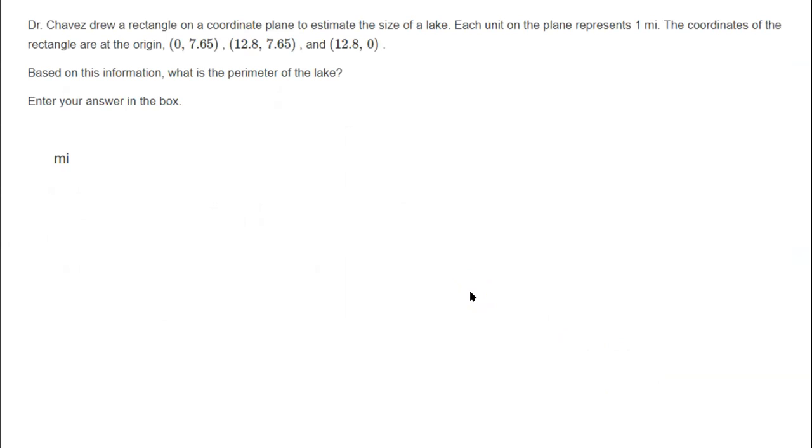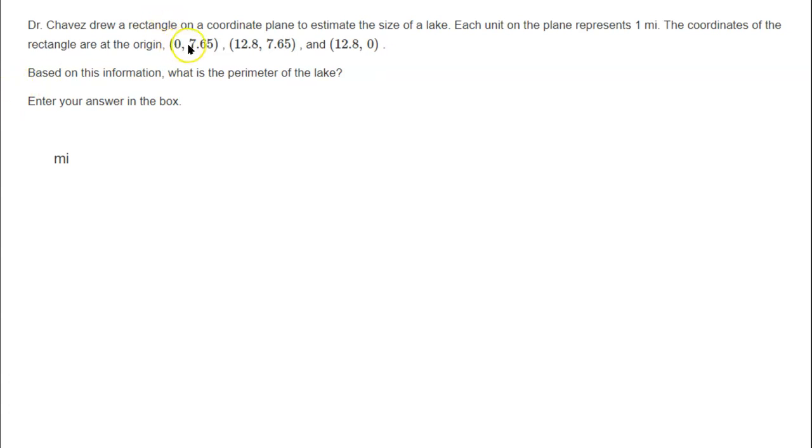Dr. Chavez drew a rectangle on a coordinate plane to estimate the size of a lake. Each unit on the plane represents 1 mile. The coordinates of the rectangle are at the origin.